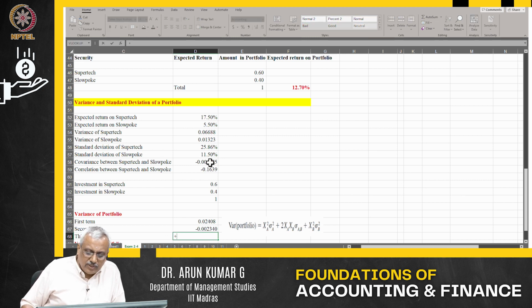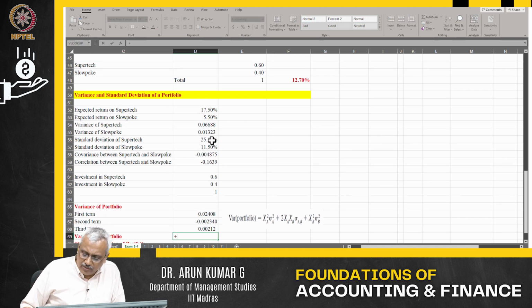What is the third term? The third term is the weight of the second security squared into its variance. So what is the variance?